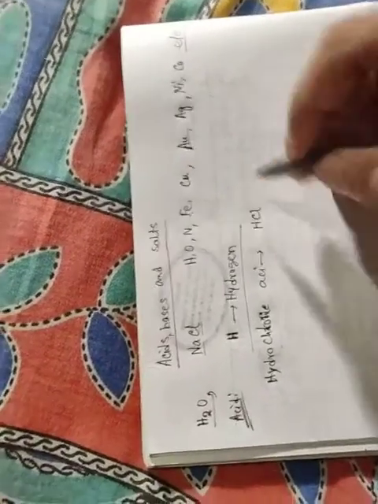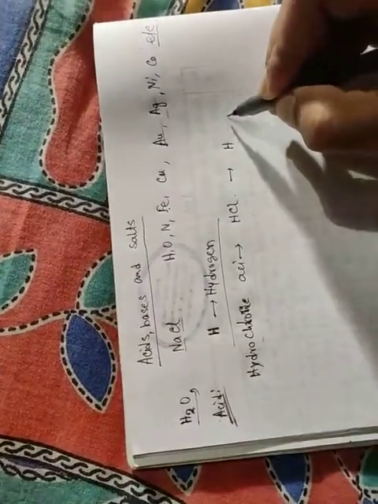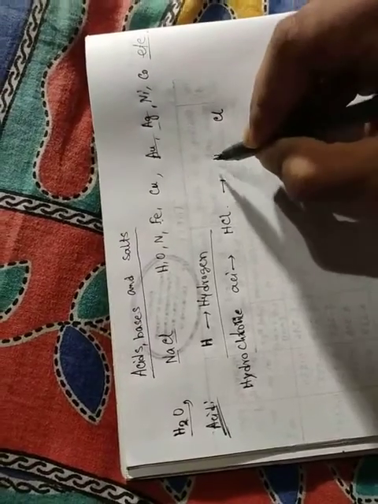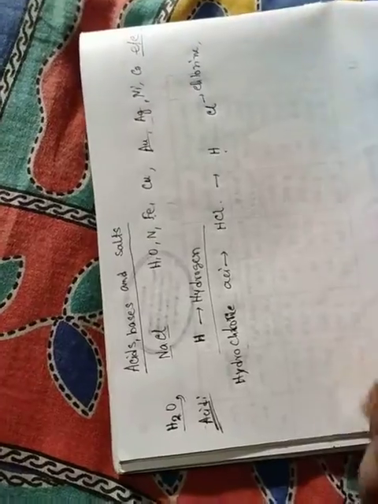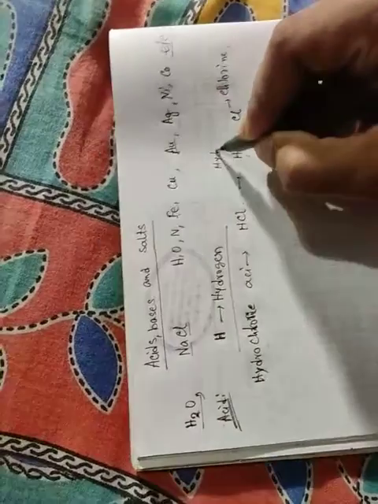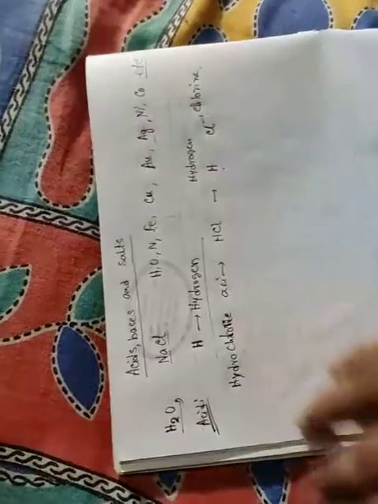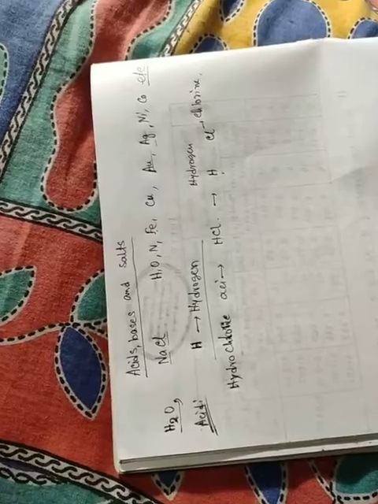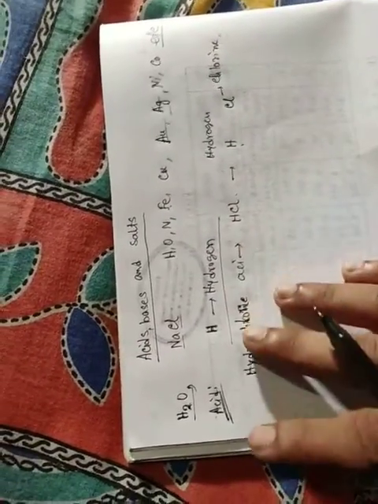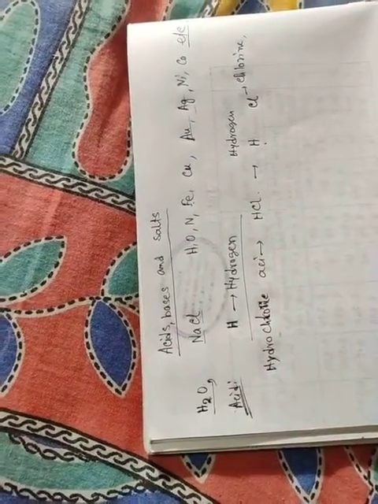Hydrochloric acid consists of H and Cl. H means hydrogen and Cl means chlorine. So understand what is acid: acid is a material in which one element is hydrogen. This is not true for all cases, but it is true for most cases. That's why we say if any material has one element hydrogen, then that is acid.